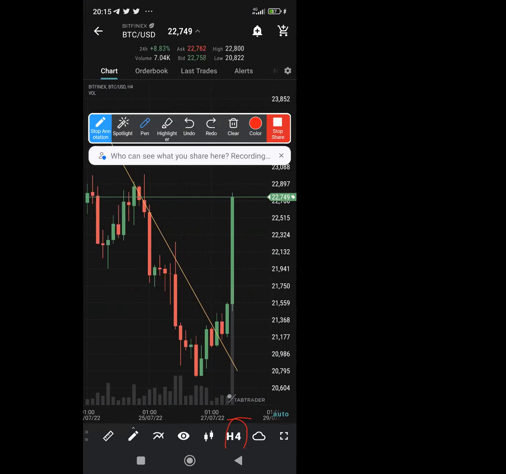Let's say this candle you're seeing here now is giving information about what happened in the past 4 hours. If you change this time frame right now, any time frame you select is going to show you what has happened in that particular time frame.